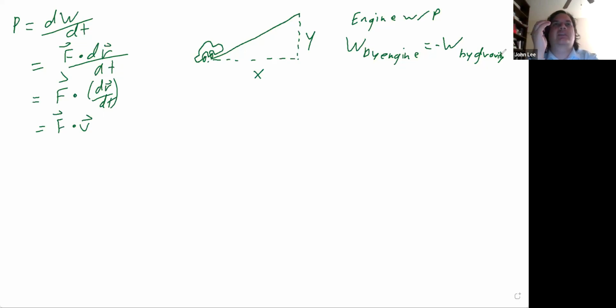So if they're going at a constant velocity, then the net force is going to be equal to zero. So F engine equals negative F gravity. So F dot dr engine equals negative F gravity dot dr.